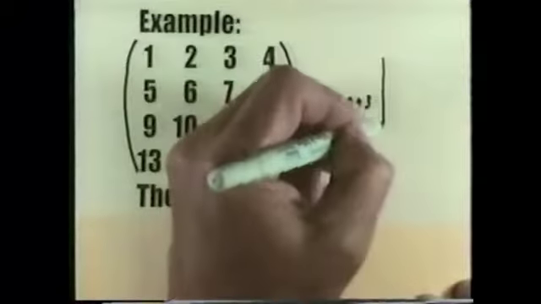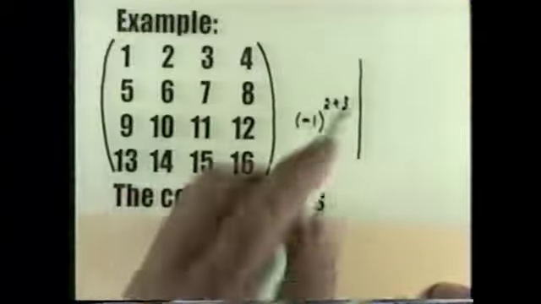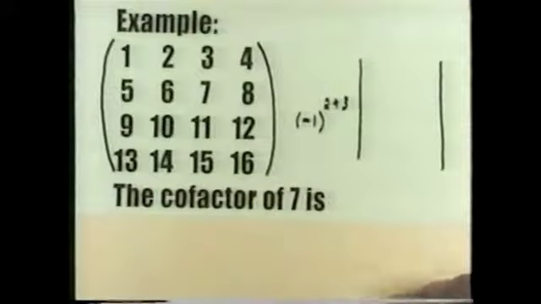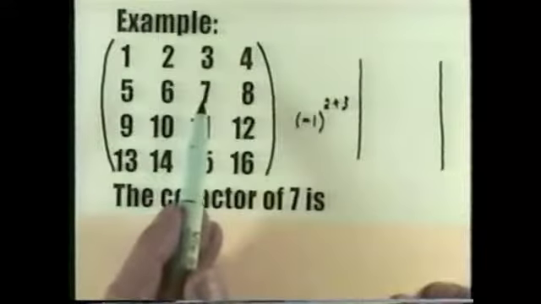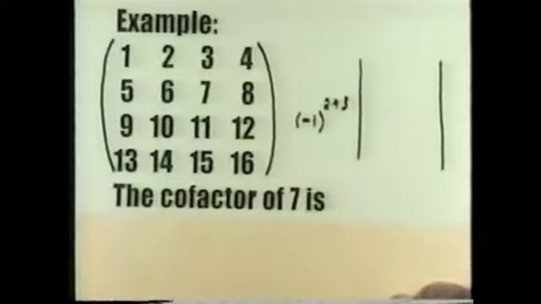Times the minor, Mij. Well, the minor is going to be the matrix with the row involving 7 and the column involving 7 removed. So, take the row involving 7 and remove it.